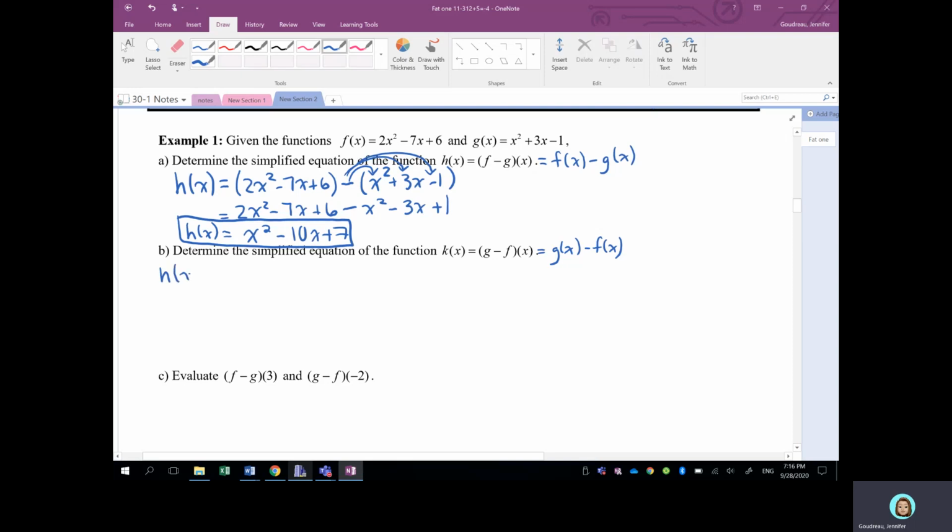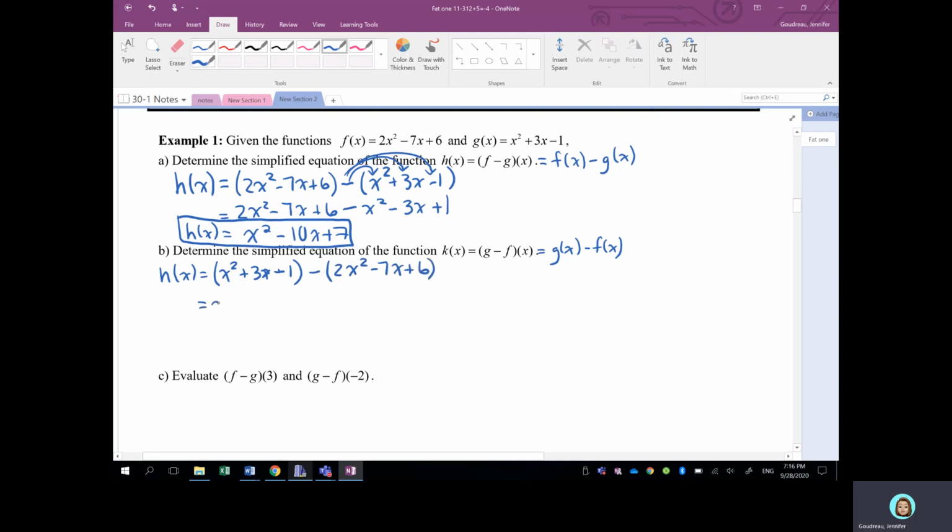So h at x is equal to, let's substitute in g at x again, using brackets, x squared plus 3x minus 1. Let's make sure we get our signs right off the bat. Minus f at x, 2x squared minus 7x plus 6.